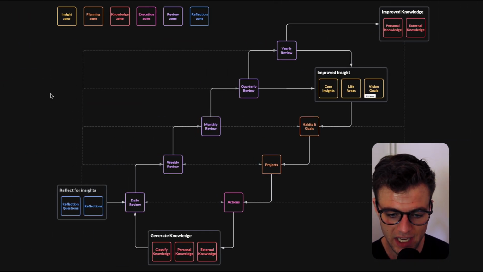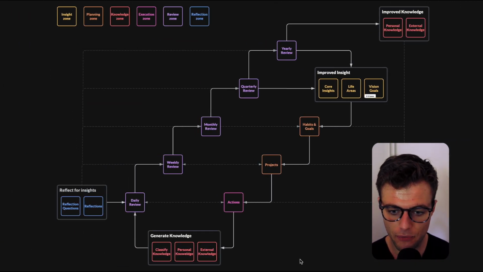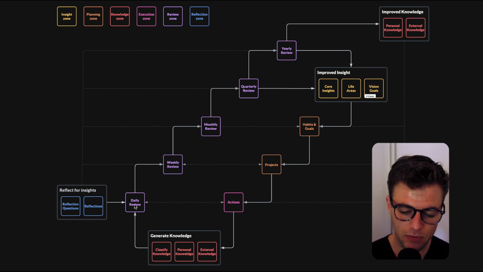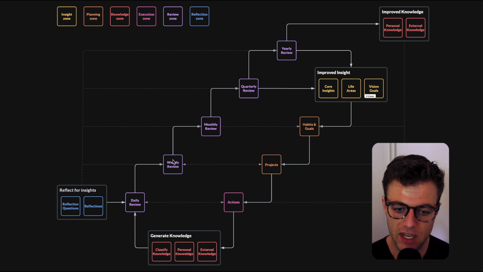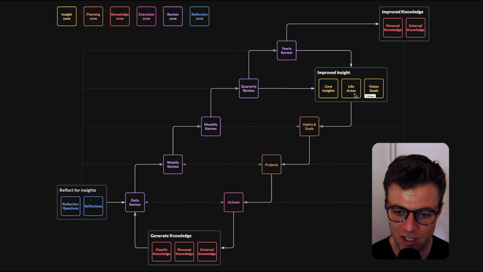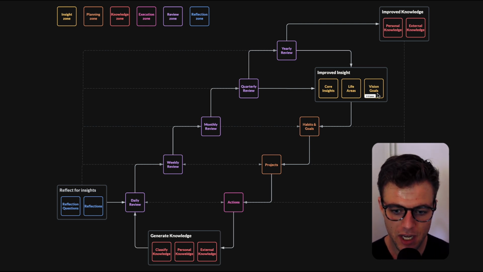Over here, you can see a visual overview of these 16 databases and how they relate to each other, right? So we have our daily review feeding into our weekly review, feeding into the monthly, feeding into the quarterly, feeding into the yearly, and then based on those insights that we get from those reviews, we get new core insights. We organize them in the different life areas. We set vision goals for ourselves, and then based on those vision goals, we set SMART goals.